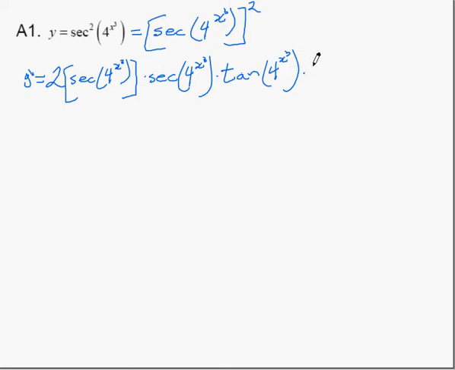In this case, the derivative of 4 to the x cubed is 4 to the x cubed times the natural log of 4, times the derivative of x cubed, which is 3x squared.